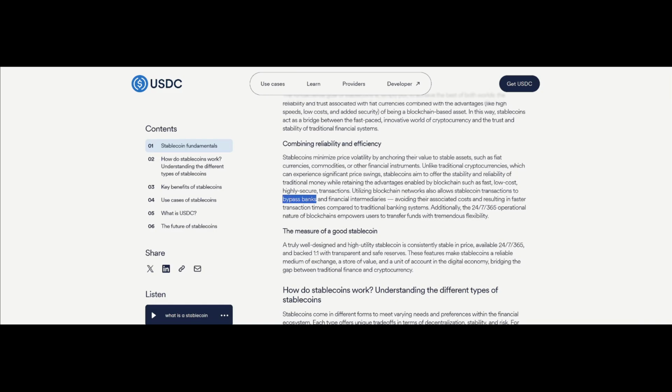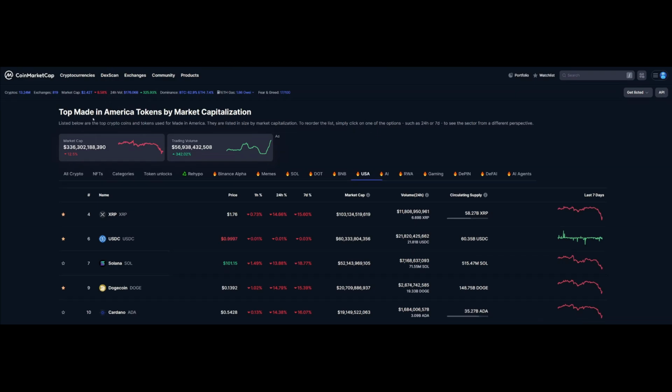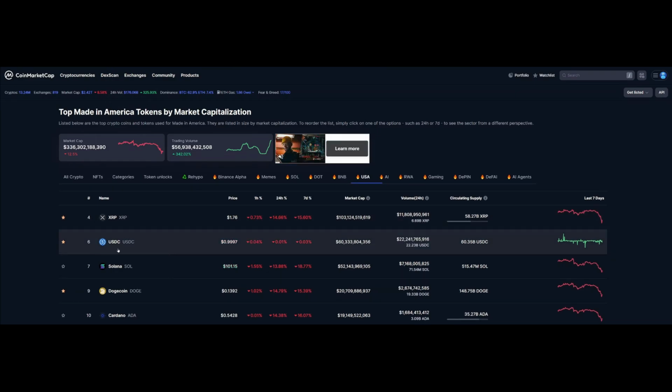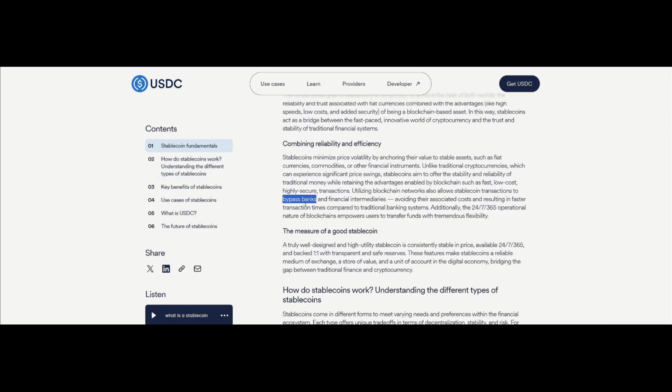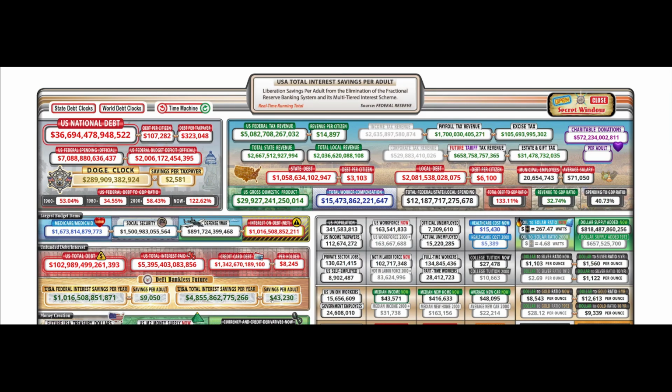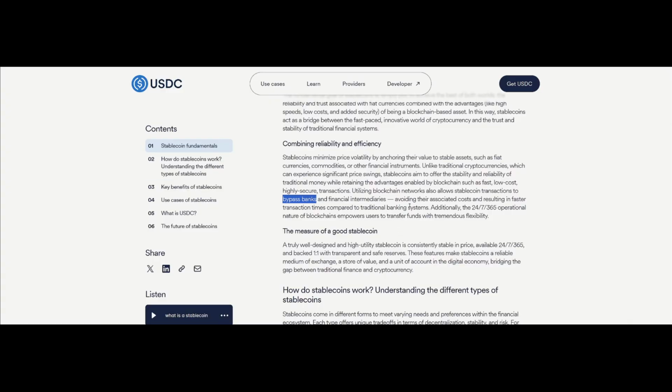Bypass banks. Why? Because this is Made in America tokens. This is the United States token. This is their stablecoin. This is the United States, right? They're going to bypass banks and financial intermediaries, which is going to save people in the United States money. It's crazy.